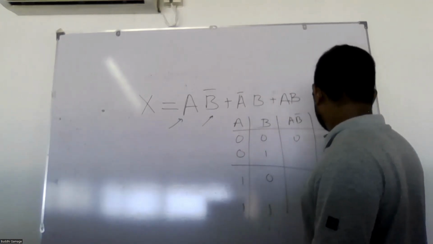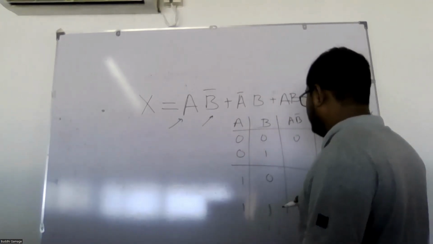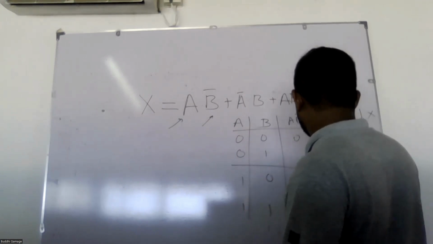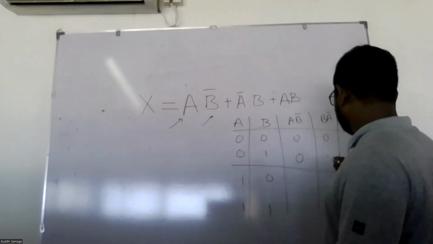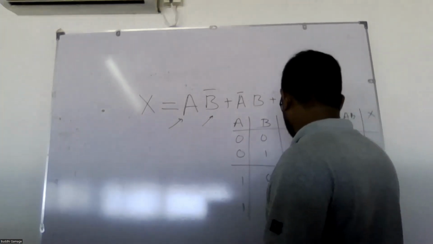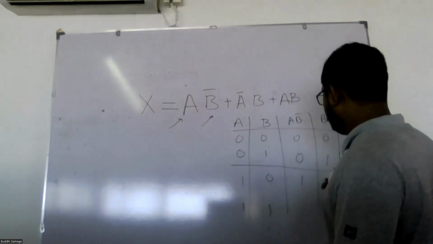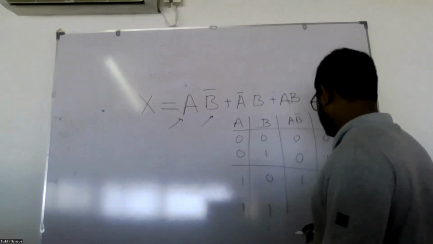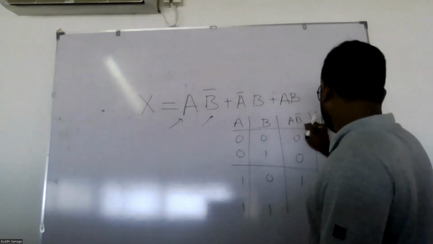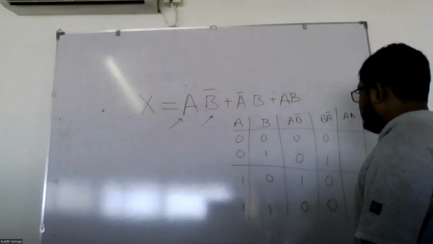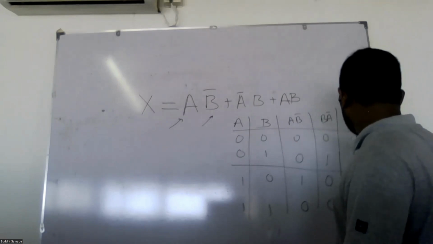Here B is zero, so this is also zero. Here it's one. Here one. What about AB?